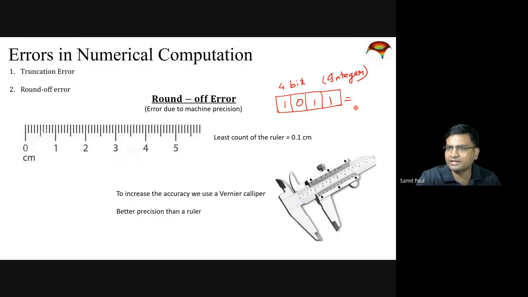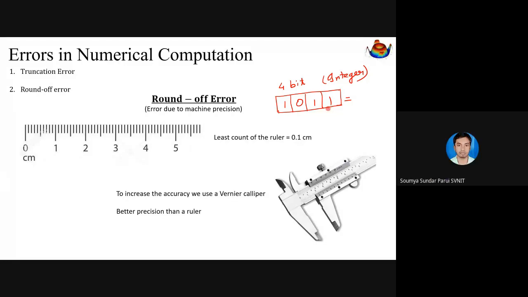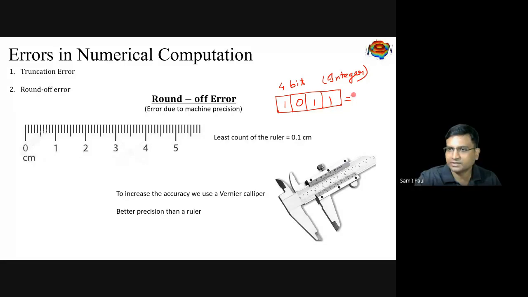Can anybody tell me what will be the decimal number of this? 19. Okay, so 1, then 2, 3, 4 is 0, and 8. 3 and 8. No, not 19. 8 plus 3.